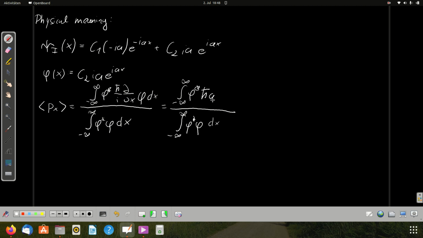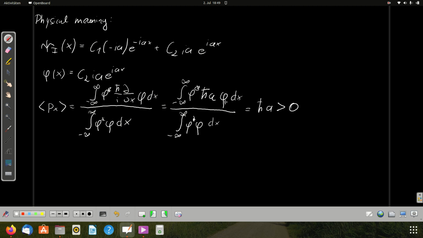As you see, if you apply this operator to this function here, then you get the value h bar times a and the original wave function again. And this equals h bar times a, which is bigger than 0.